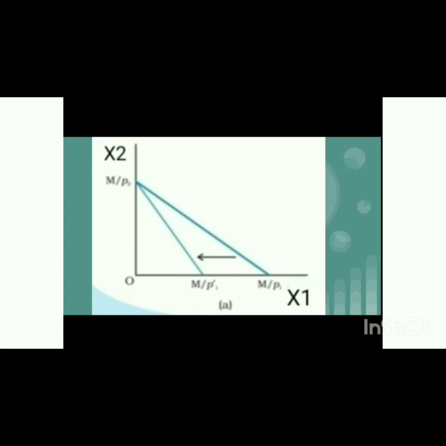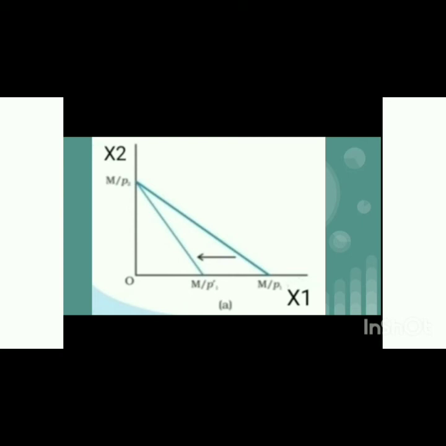So the question is, when the price of good 1 decreases, what will happen to the budget line? A simple answer you must understand. When the price of good 1 decreases, the budget line will be more flat.